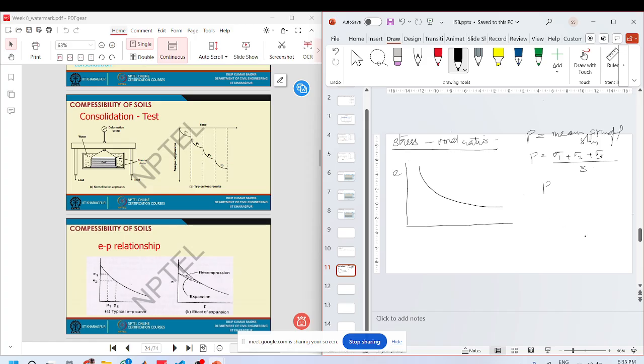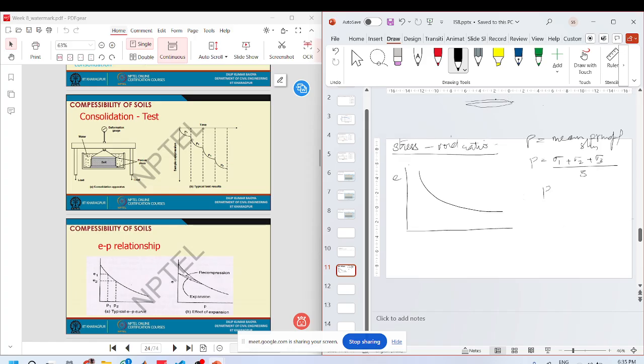Because in a cylindrical sample which is axisymmetric, you have sigma 2 equals sigma 3. You will have P equals sigma 1 plus twice sigma 3 over 3.